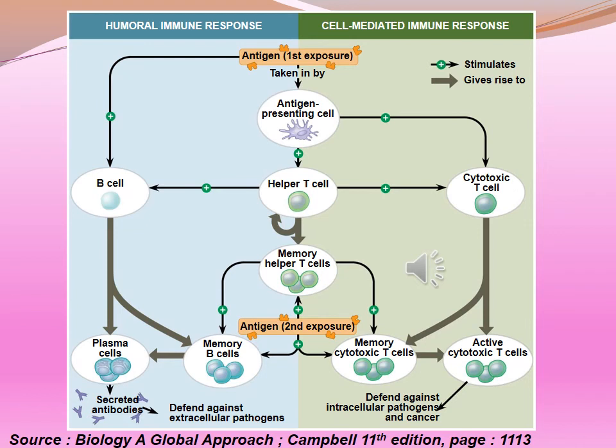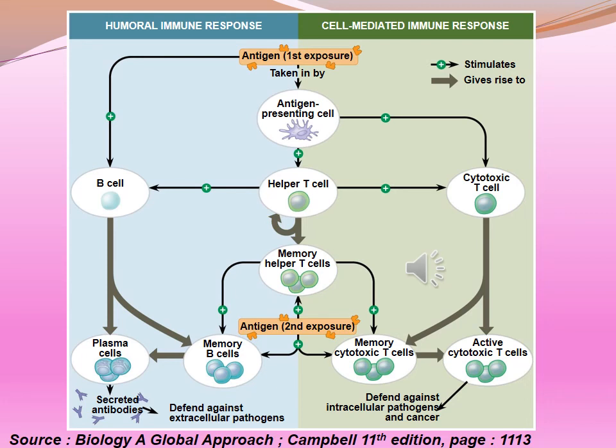This last figure, taken from Campbell biology textbook, summarizes adaptive immunity, reviews events that initiate humoral and cell-mediated immune responses, and highlights the central role of the helper T cell in both humoral and cell-mediated responses. Both the humoral and cell-mediated responses can include primary and secondary immune responses.